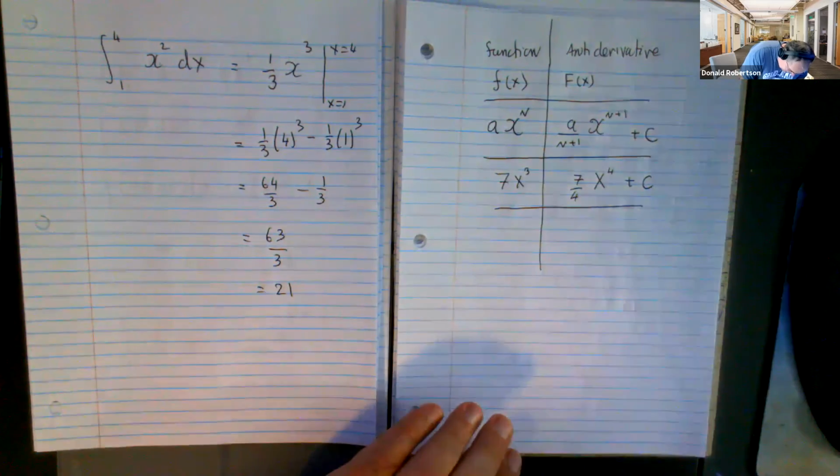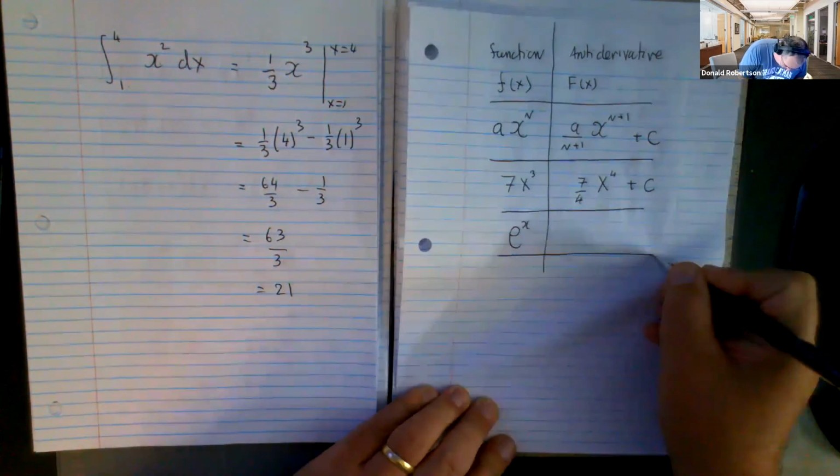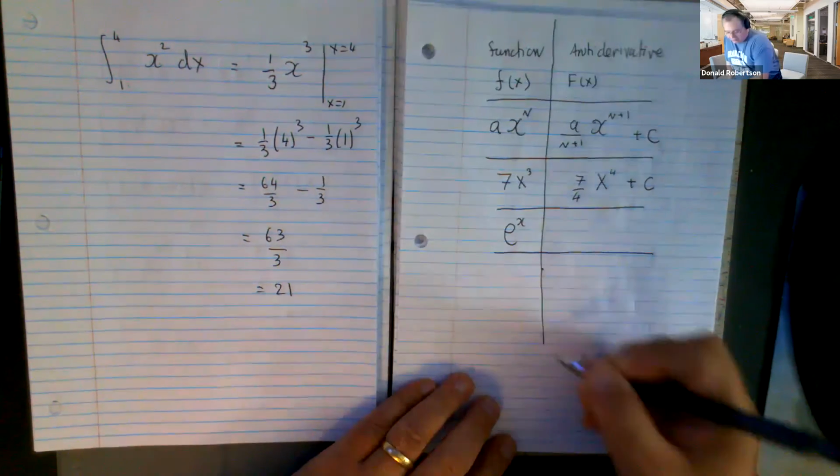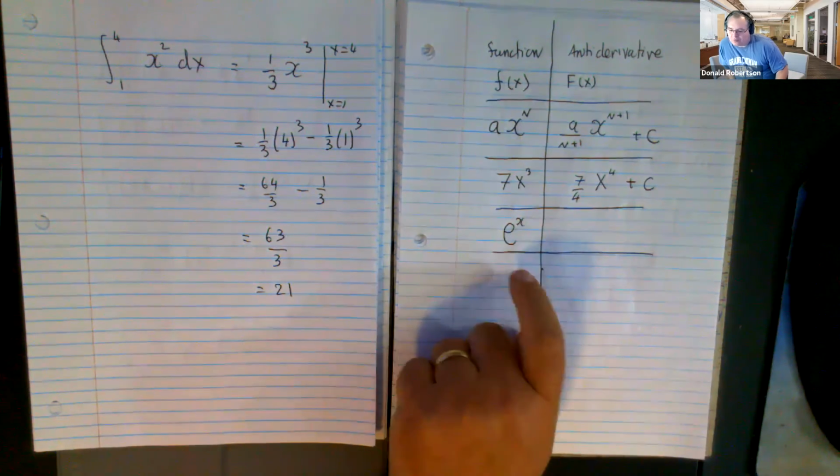Now, if an antiderivative is the opposite of differentiation, then shouldn't we be able to use the fact that we're good at derivatives to figure out what an antiderivative is? So you have to say to yourself, what function do I need to start with? Right?